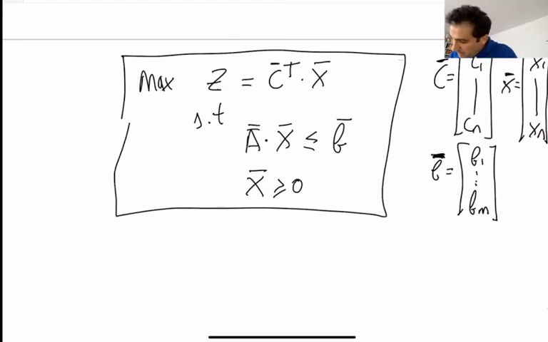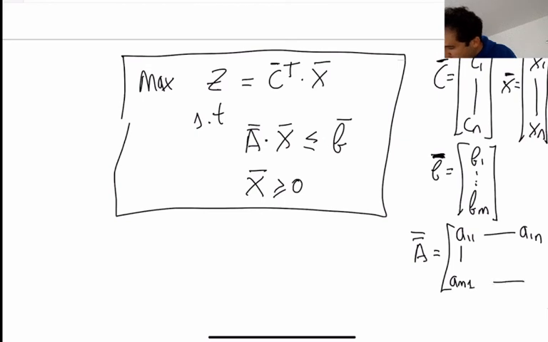And what else? And my matrix A, which belongs to R m by n, is equal to a11, a1n, am1, amn. Right. When it comes to incorporating a non-canonical format, we can include a column vector of equality constraints, or something like B equality, right?